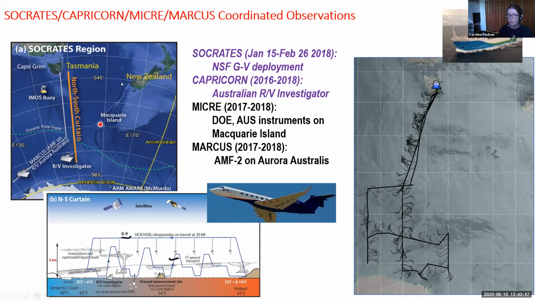And these campaigns have involved aircraft taking observations, ships taking lots of observations, measurements on the ground, satellite observations. And the really nice thing is we've got this data set where lots of measurements are made together, they're all co-located, and we can really extract a lot of information out of this data. There's also possibilities of other measurements, such as those made at ARM stations, and the possibility of new measurements associated with measurements being made around the new runway.